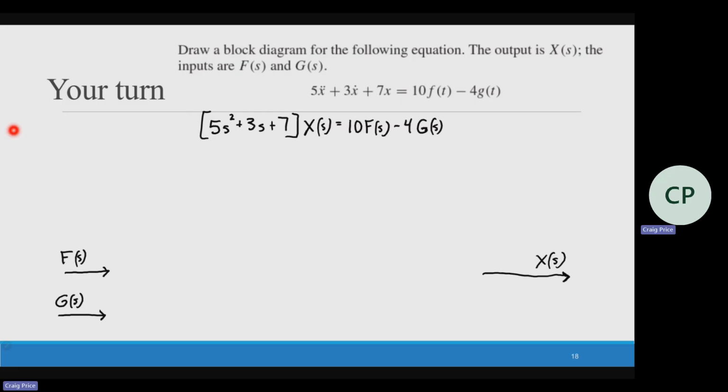And again, just like the last problem I did, I would solve for X. That's my output. So once I have my equation like this in the S domain, let me move some things around, solve for X, and then I can work my way from right to left.